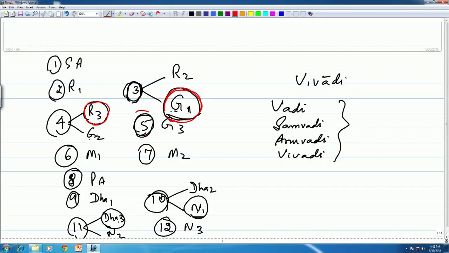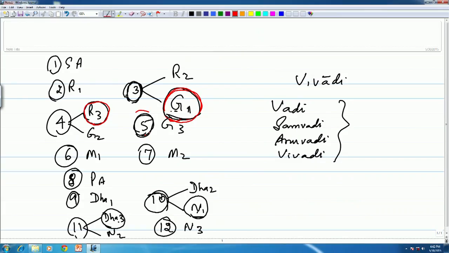Now by default this is actually G2 or what is called Sadharana Gandhara. But suppose the same raga has also this swarasthana, then this will be G3 and this will become Re3.